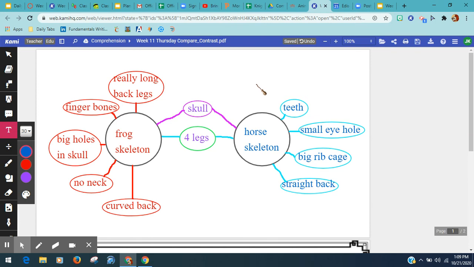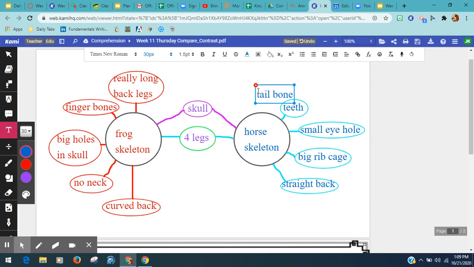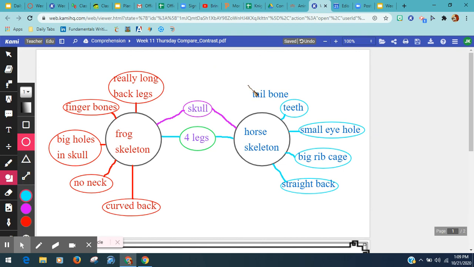I think I can put that up here. I can put it anywhere pretty much. I've got room above and room below. I'll go up and I'll write tailbone. And again, bubble. And again, draw a line connecting to only the horse.